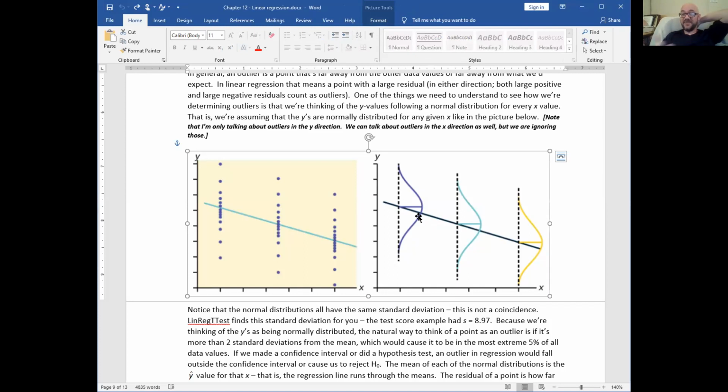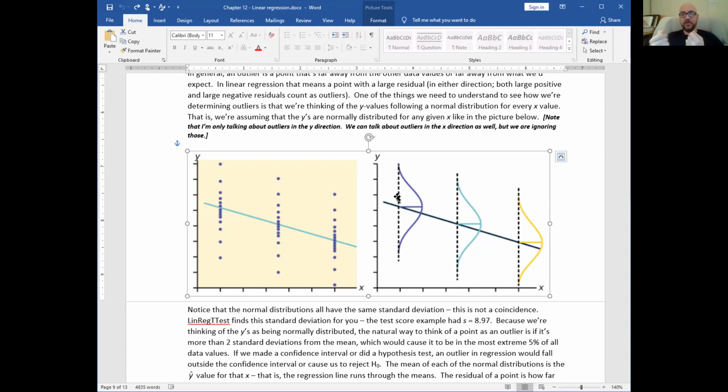So the reason I bring all that up, one, to kind of just explain it in general, but two, to explain why we are using a different method of determining outliers. Since we're assuming that there is normally distributed deviation from our line, the thing that makes the most sense to use to determine outliers is something that goes with a hypothesis test, right?